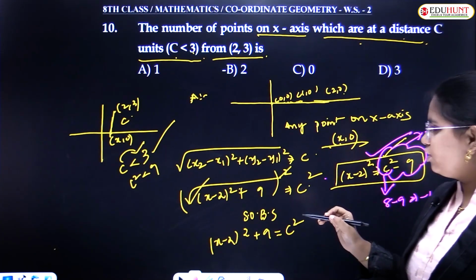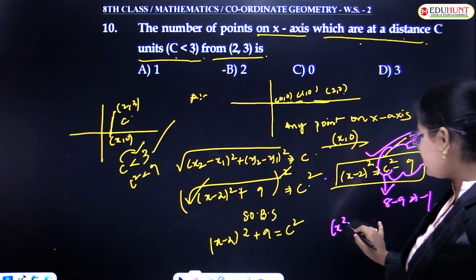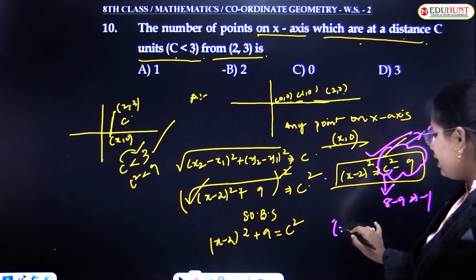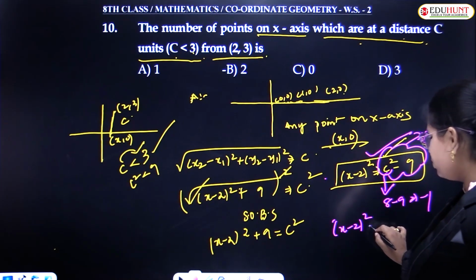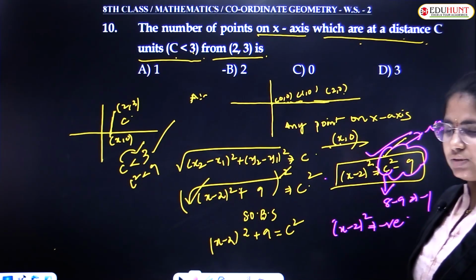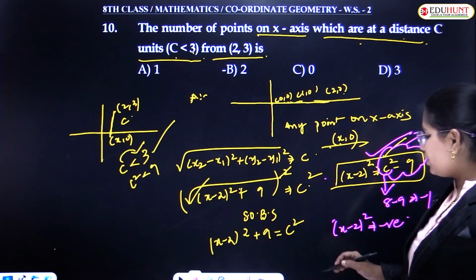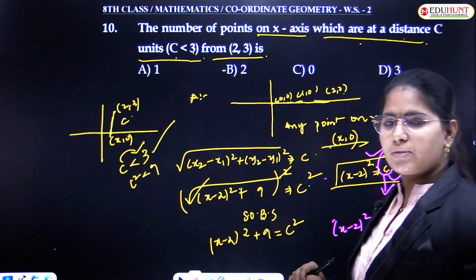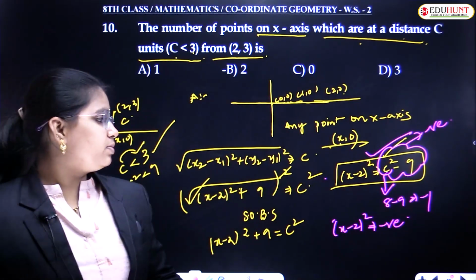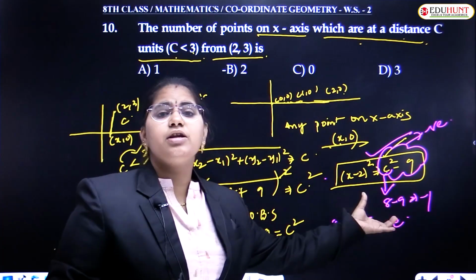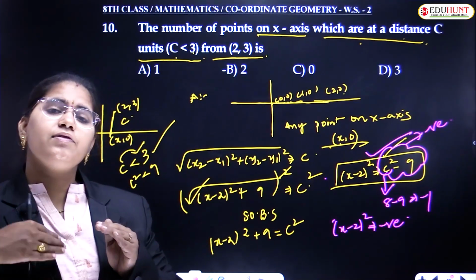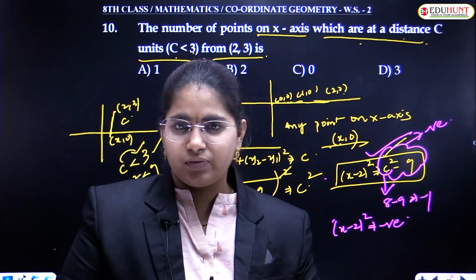Did you understand? So what I can write from this: x minus 2 whole square value is becoming negative. But please tell me, practically is this possible? Square of a negative number also becomes positive, correct?